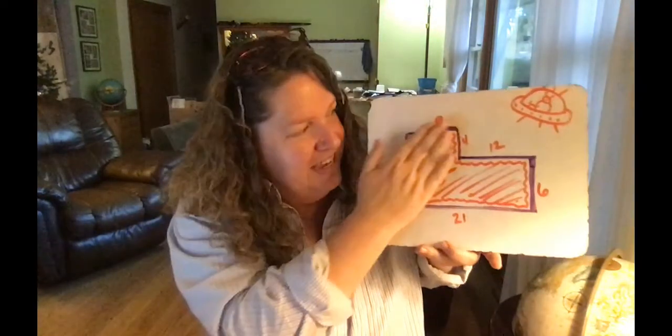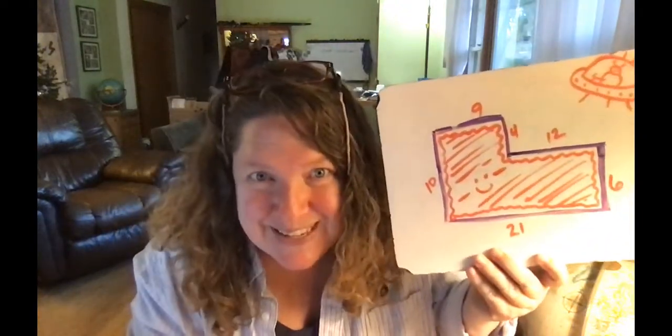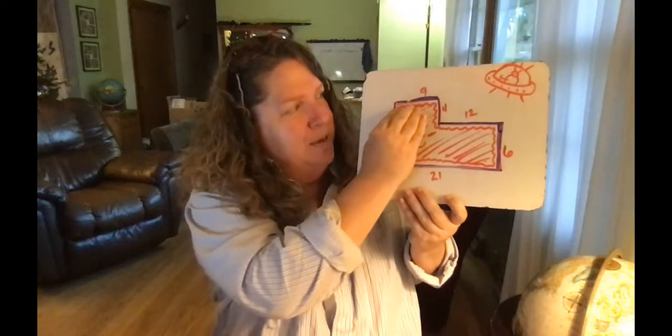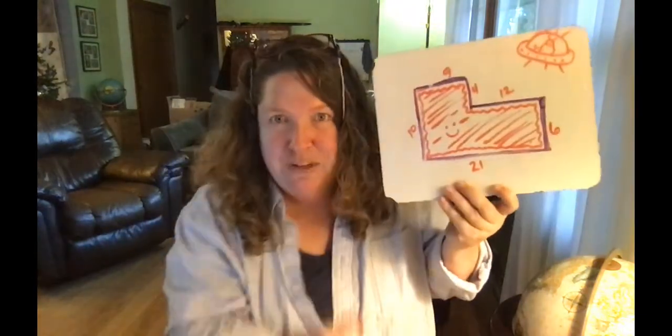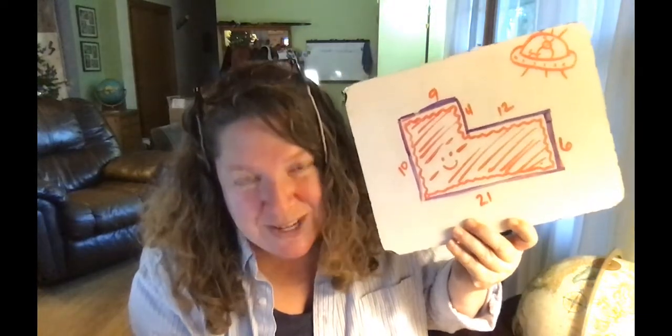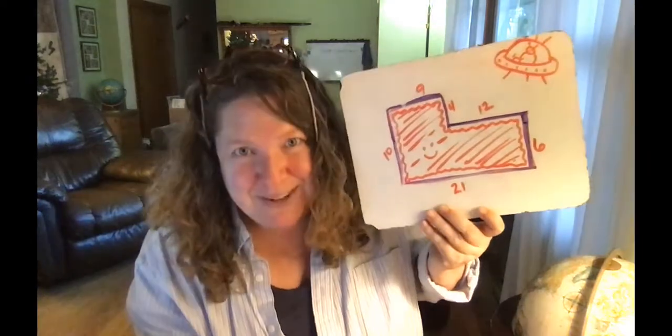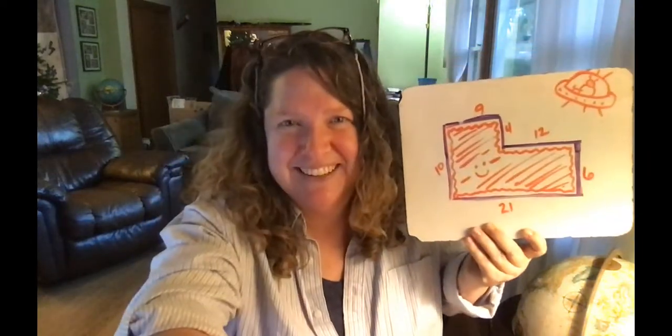The area is that space inside. So here's area alien. He's pretty happy because he's incognito. Nobody knows he's here. And he's completely flattened himself out to fill up that whole space. Go ahead and draw your area alien filling up your entire space, and then come on back.